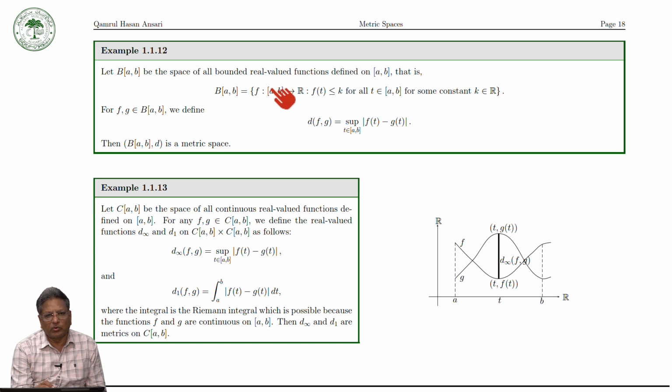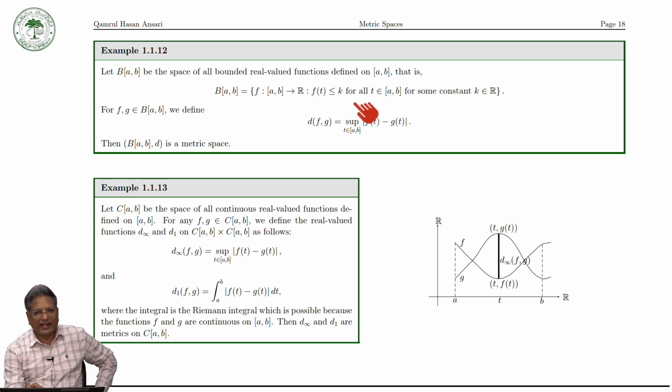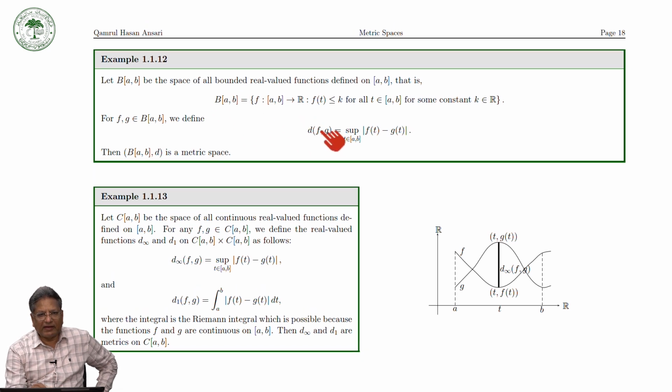such that |f(t)| is less than or equal to k for all t in this interval and for some constant k. That is to say, this f is a bounded function. Then we define a function d(f,g) on B[a,b] in this way: the supremum of |f(t) minus g(t)|, where the supremum is taken over t in the closed interval [a,b].